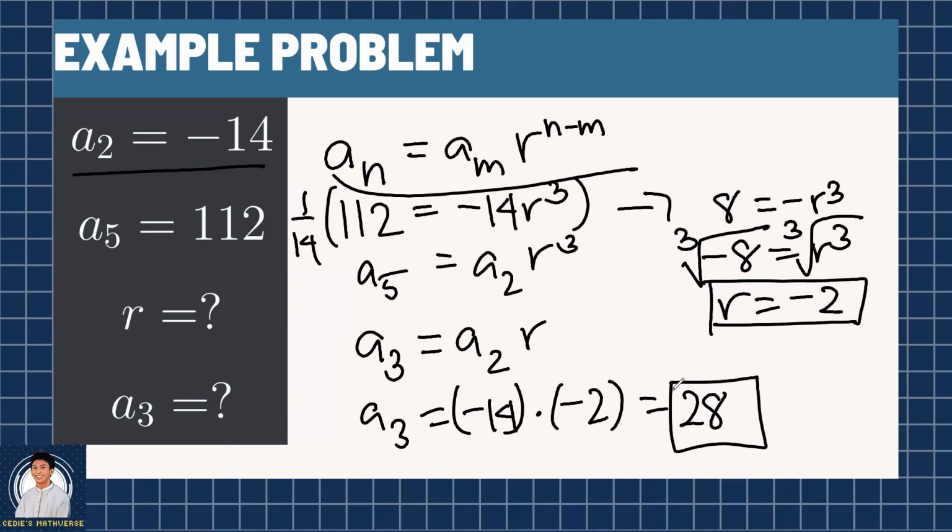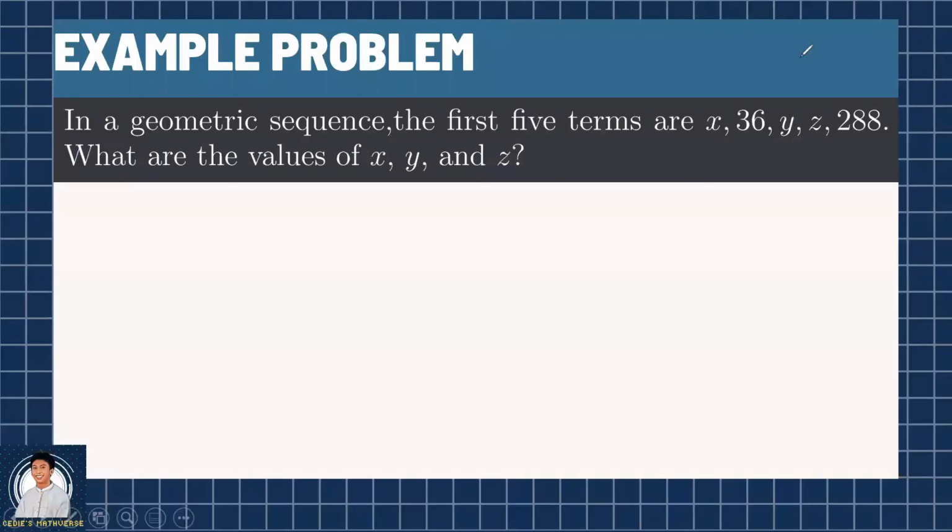For the rest of the example problems, I will use the generalized formula. So, let's proceed with the third example problem. In a geometric sequence, the first 5 terms are x, 36, y, z, and 288 respectively.